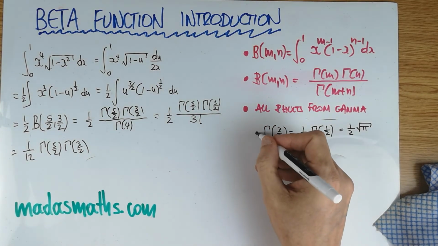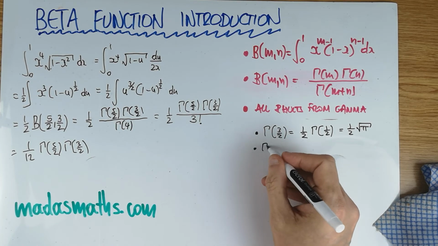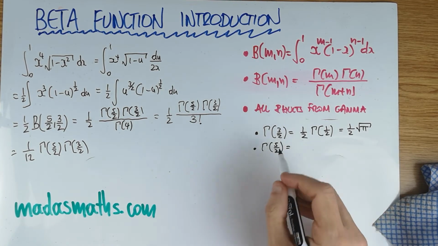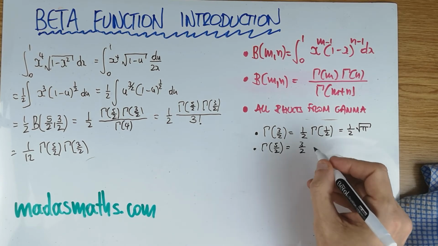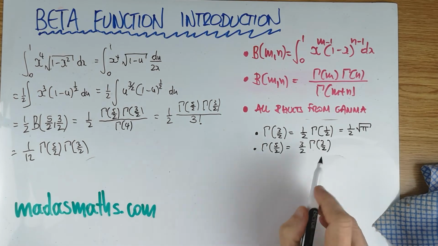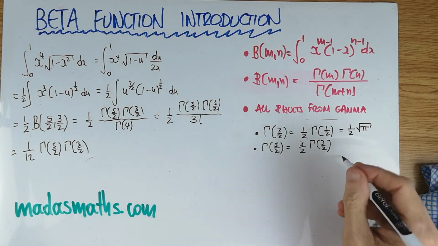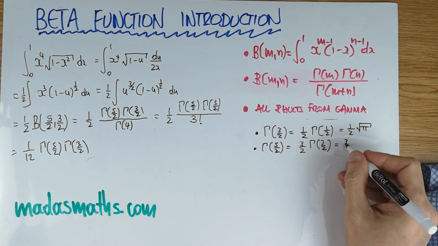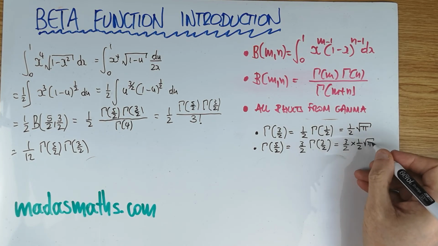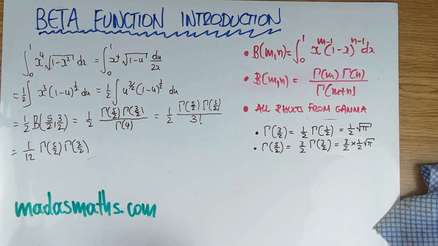Now, the gamma of 5 over 2 is, of course, 1 less, 3 over 2, gamma of 3 over 2. But we have already evaluated that. So that is 3 over 2 times a half square root of pi, or 3/4 root pi if you want.